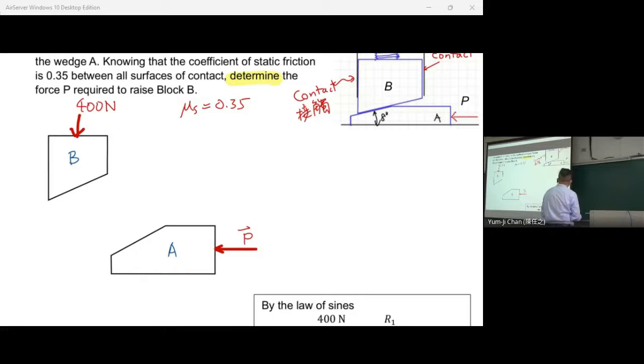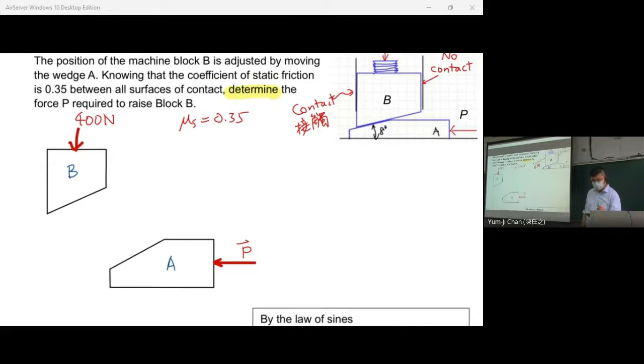Now we come to the contact surfaces. How many contact surfaces do we have? We have between A and B, B and the wall on the left, and between A and the floor. We have three contact surfaces.